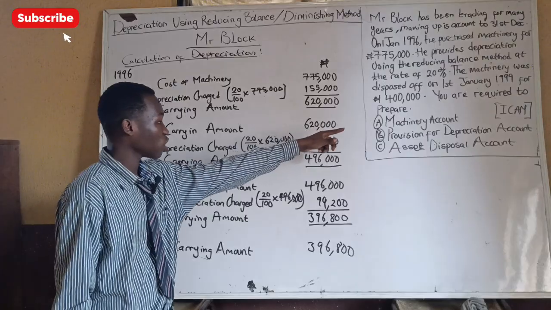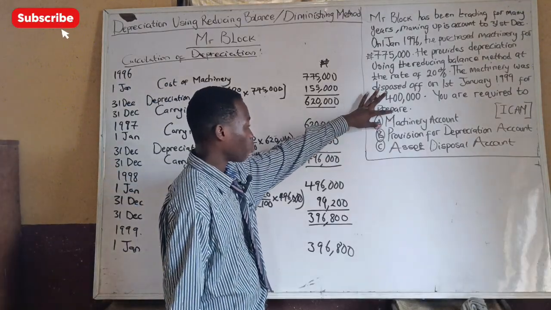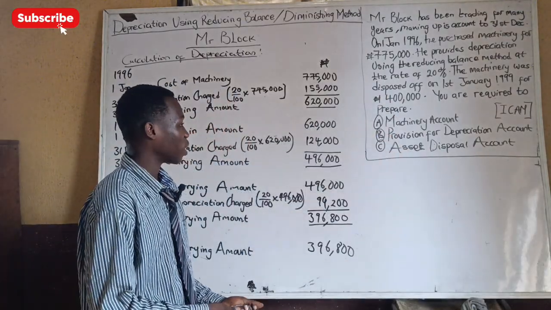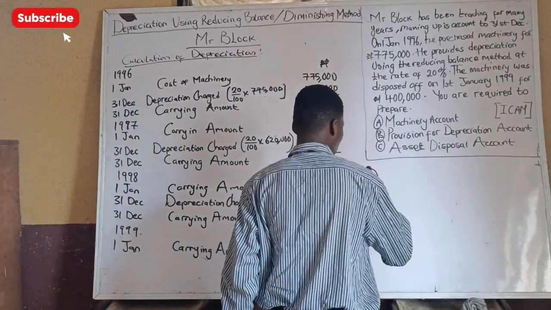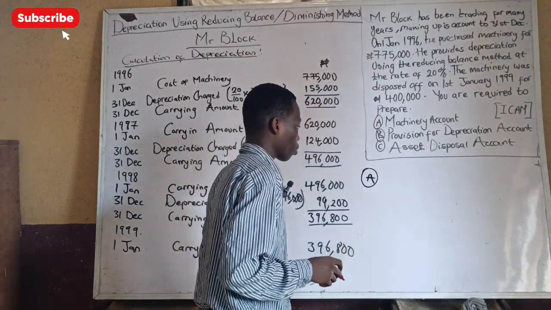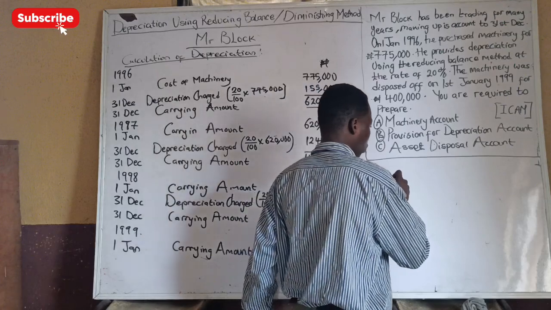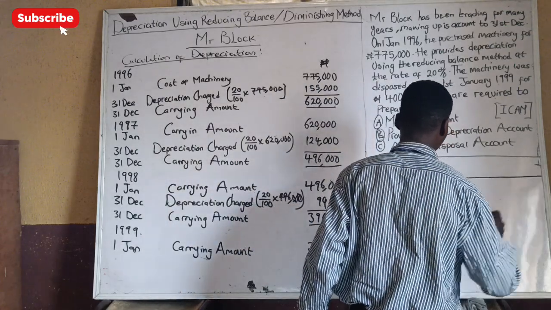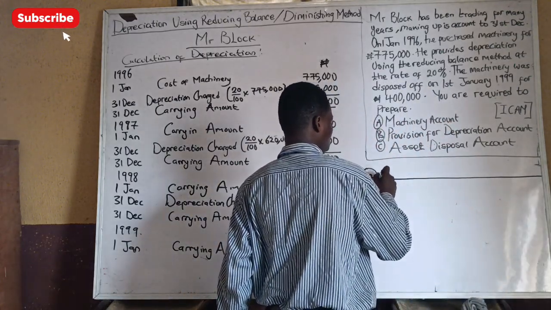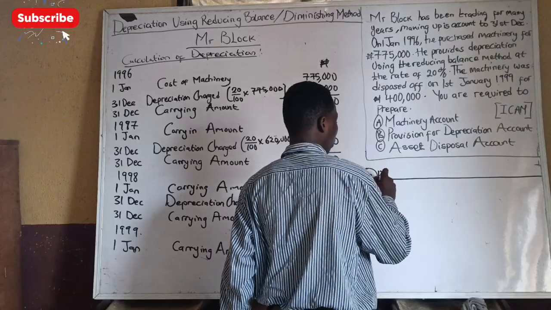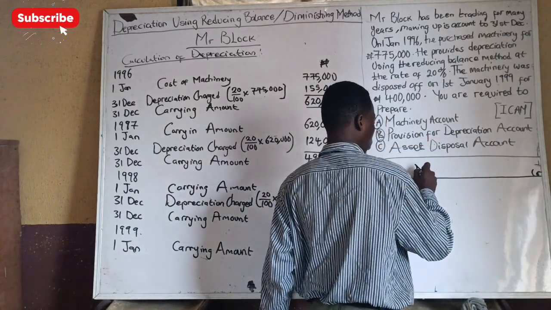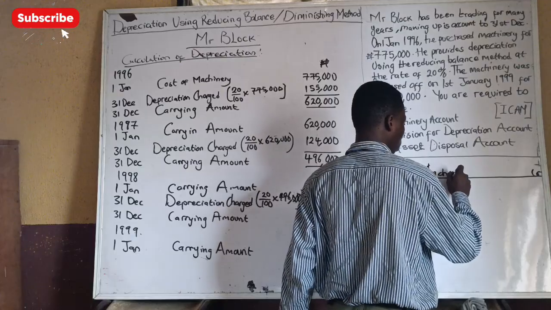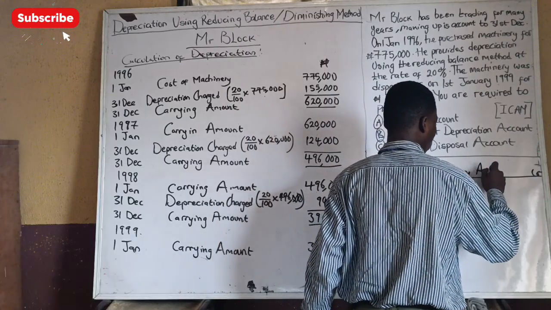Now let's move to what we are asked to prepare. The first thing we are asked to prepare is the machinery account. So for A, we are going to start with the machinery account. So we have the debit, we have the credit. Machinery account.